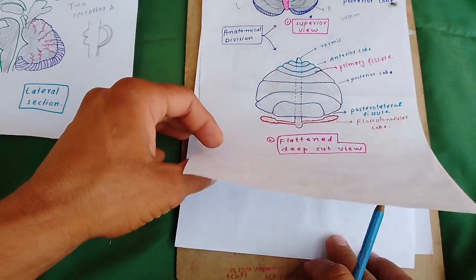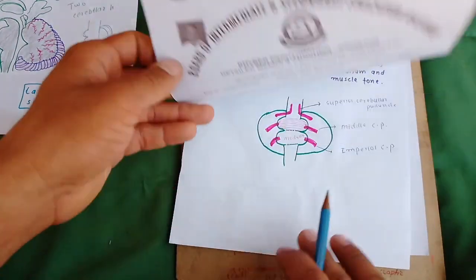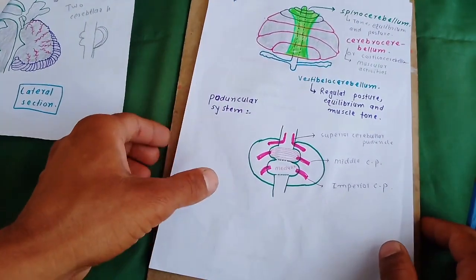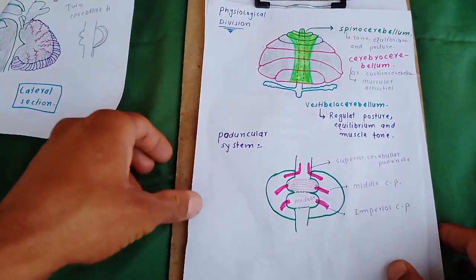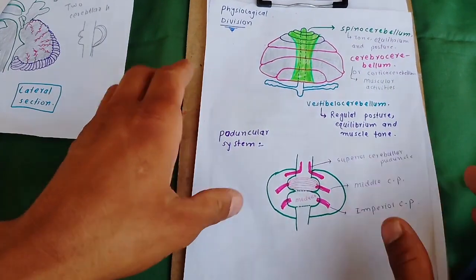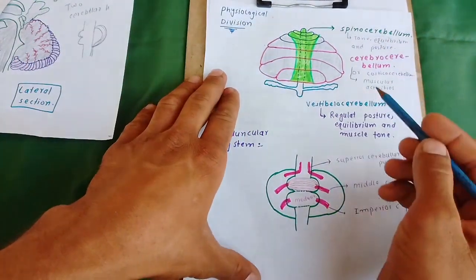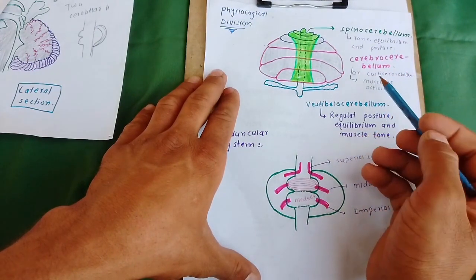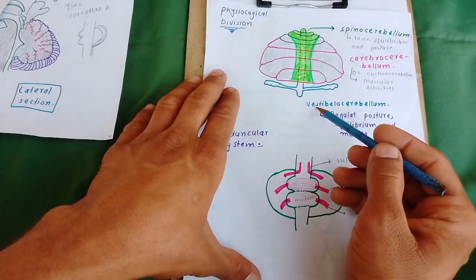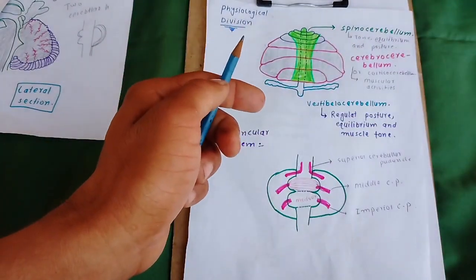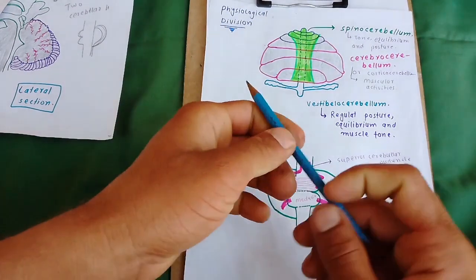There are three lobes. Now the physiological division. Physiological division means there are three parts: spinocerebellum, cerebrocerebellum or corticocerebellum, and vestibulocerebellum. These are the three main divisions by physiological classification.